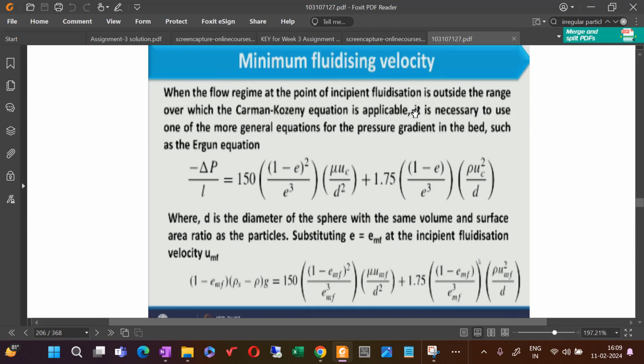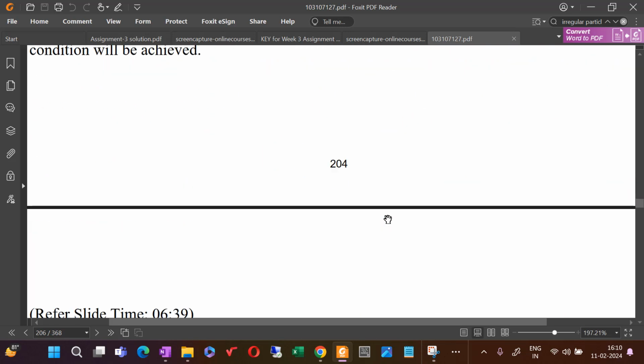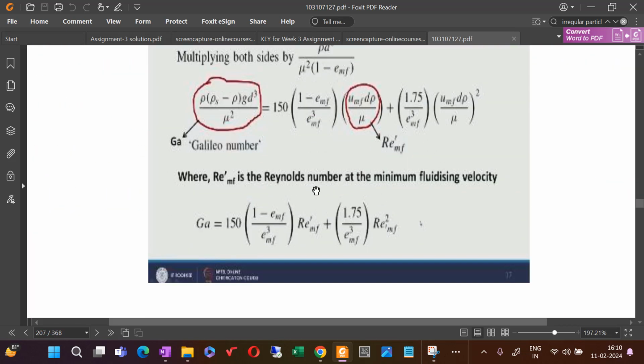So it is necessary to use one of the more general equations for the pressure gradient in the bed, which is the Ergun equation, when the flow regime at the point of incipient fluidization is outside the range over which Carman-Kozeny is applicable. So this is the Ergun equation, and when you employed it, like said in question number 9, you had this one.